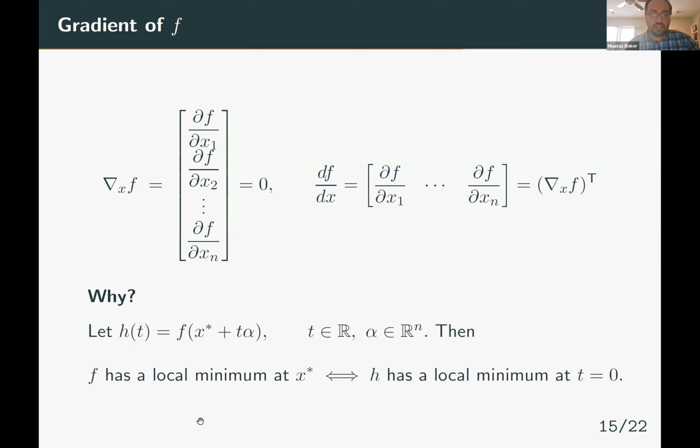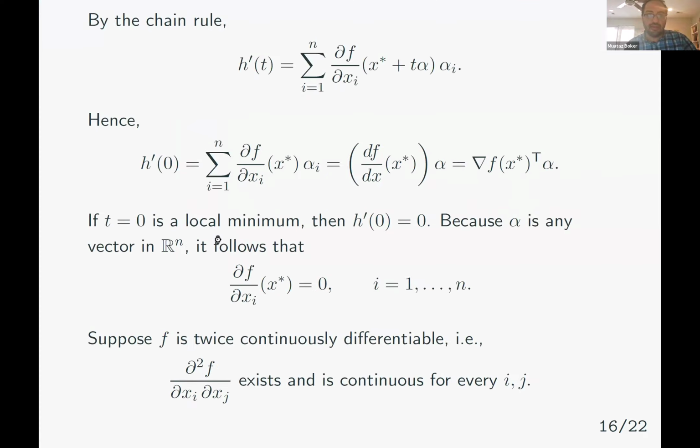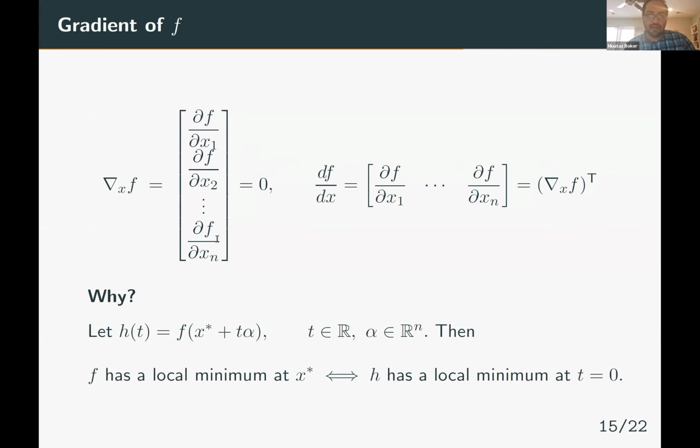And this is just a discussion of why this is true. I'm going to go over this very quickly. It should be straightforward to see here. Let h define a perturbation in time of f at the local minimum: h of t is f of x star plus t alpha.